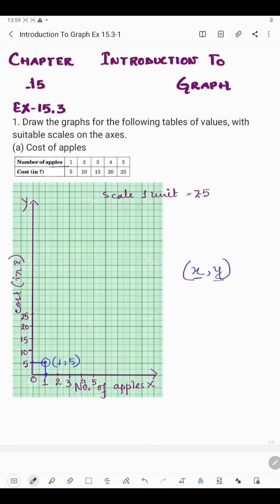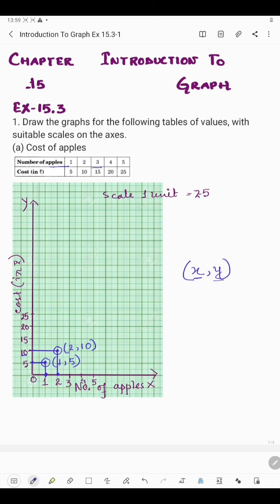Next we have 2 apples. 2 apples is on the x-axis, and when you are buying 2 apples you have to pay 10 rupees. Now where is 10? Here is 10. From here we will go towards the y-axis. So this is the coordinate 2, 10. 2 is the value of x and 10 is the value of y.